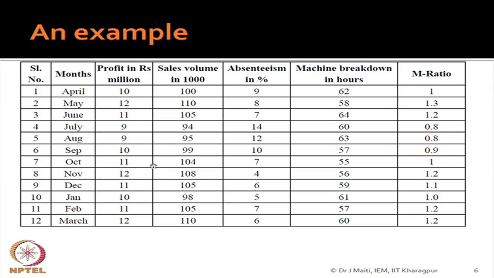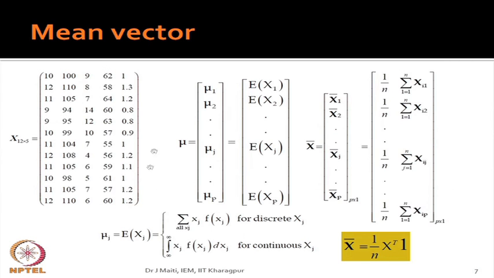All the variables are measured for 12 observations. So, if you see this, this is the data matrix, this one, 12 cross 5.